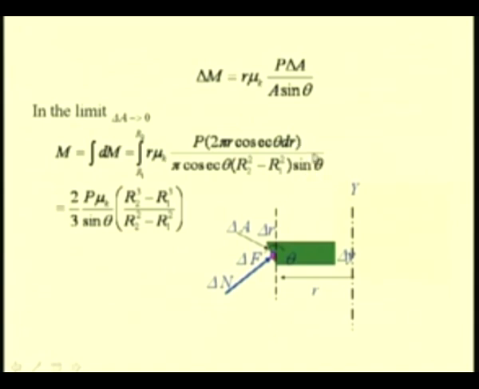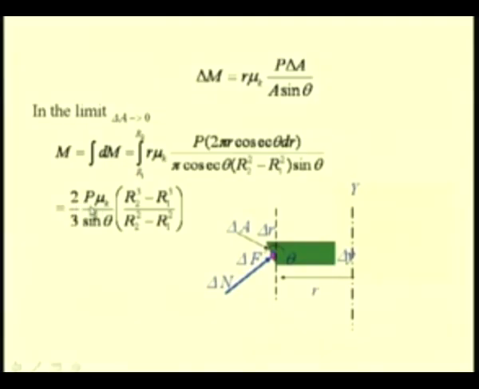So, now we can integrate between the limits r1 and r2, and that when simplified is equal to 2 P mu k divided by 3 sin theta into (r2 cube minus r1 cube) divided by (r2 square minus r1 square). So, this is the moment that has to be overcome in order to keep this shaft in the rotating condition.